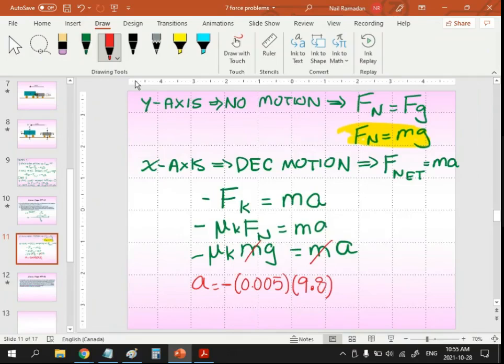It's not the mu. By the way, mu k is never negative. Mu k is always a positive decimal that has no unit. Can someone tell me what this is? Negative what? In meters per second squared.